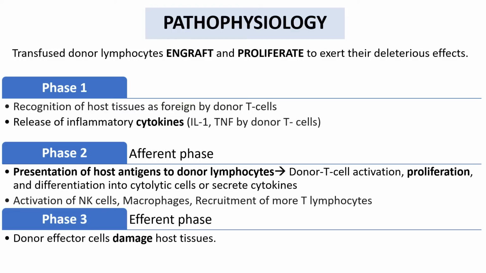This leads to donor T cell activation, proliferation, and differentiation into cytolytic cells, also secreting more cytokines. This leads to activation of NK cells, macrophages, and recruitment of further T lymphocytes. The donor effector cells damage the host tissues in the third phase, that is the efferent phase.